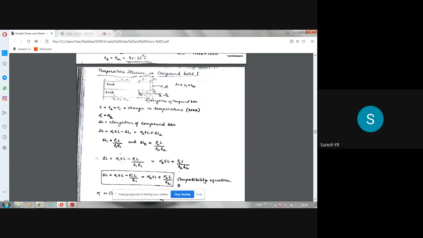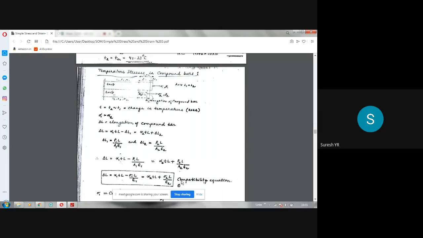Here it is tension, so to bring this bar to this level, they should develop a tensile stress. So P2 is the tensile force or resistance force, so P2 is equal to sigma 2 into A2. If you substitute here, you'll get this equation.